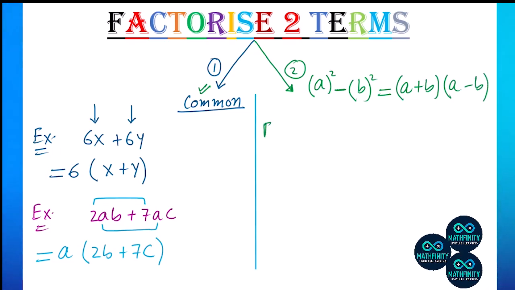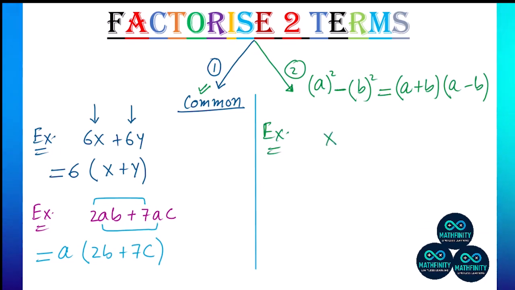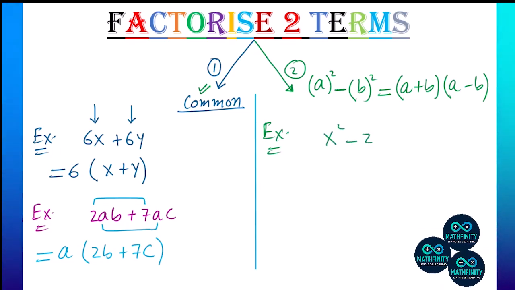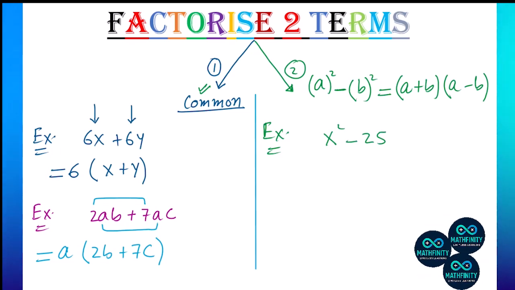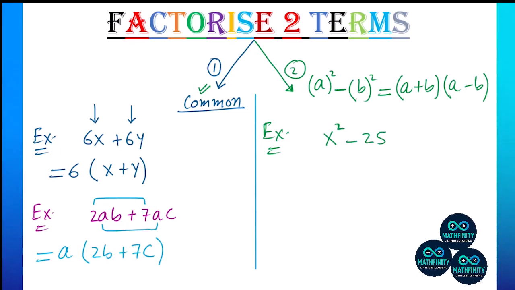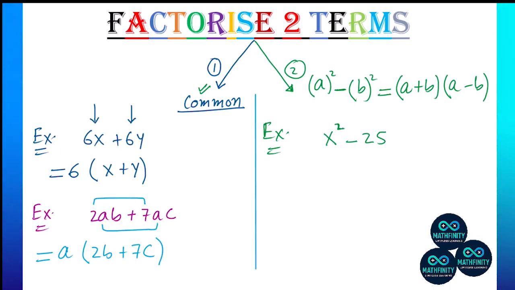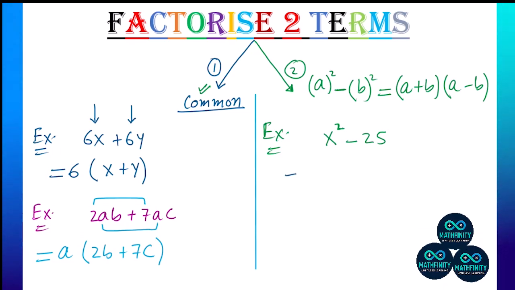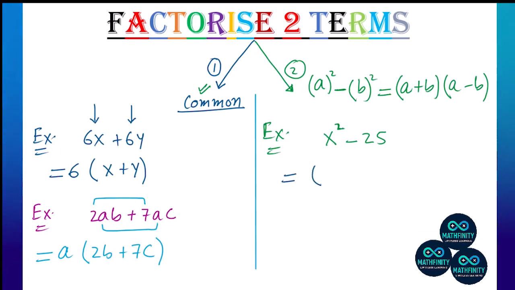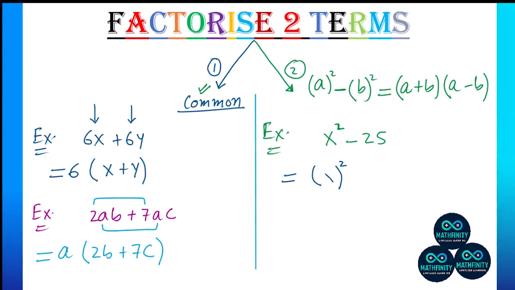For example, factorize x square minus 25. First, you have to think about the common. What is common between them? There is no common. No number is common, no variable is common. Then we will try to complete the squares between them. x square, we close in the bracket like this.